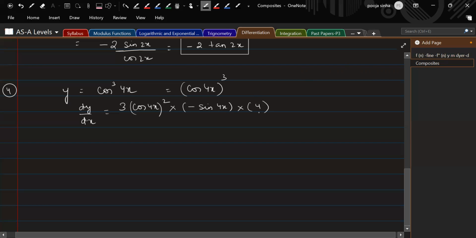Correct. So the final answer is, I can write it as minus 12 sin 4x into cos square 4x. Correct? यहाँ तक हमें सब चीजें समझ आई.